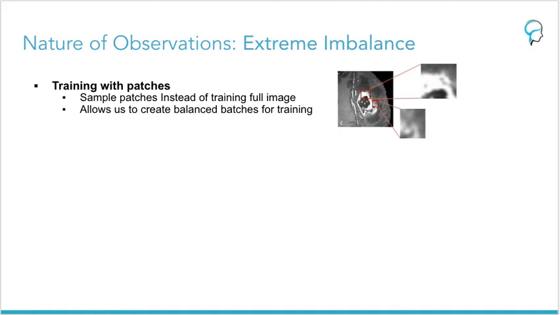For example, regions around the tumor border or the edges of the tumor are more important because they represent discriminative features which usually the model needs to make a correct classification of the image.